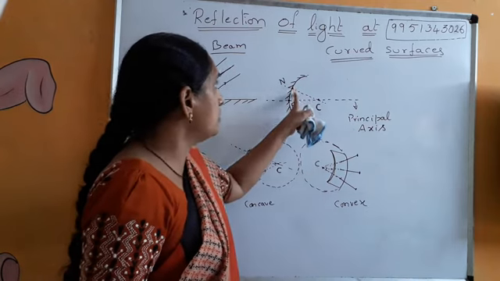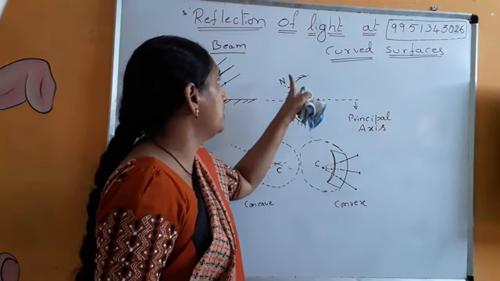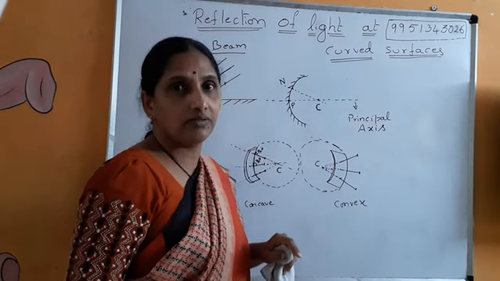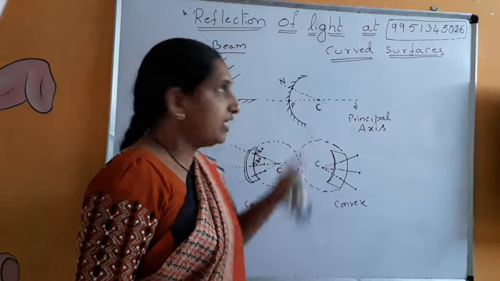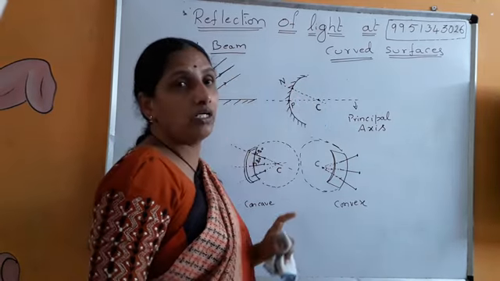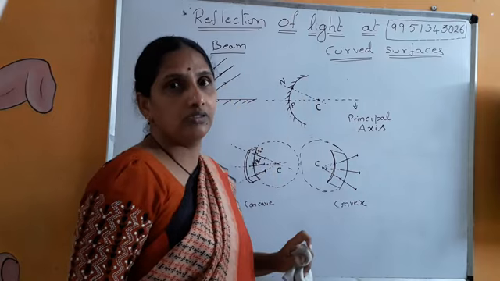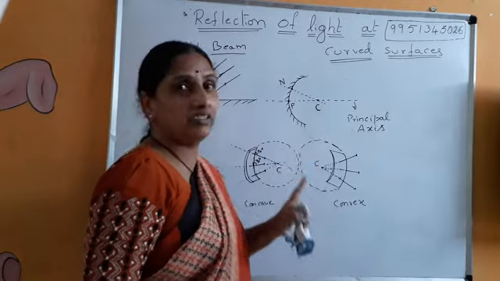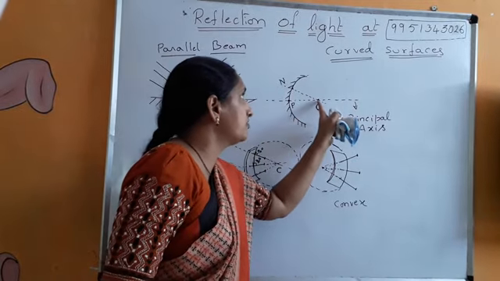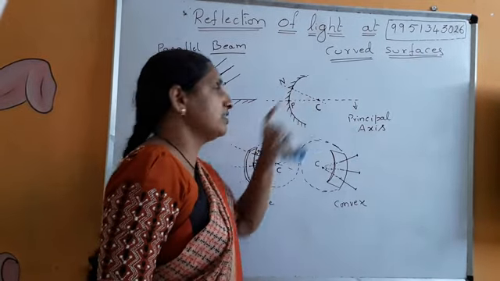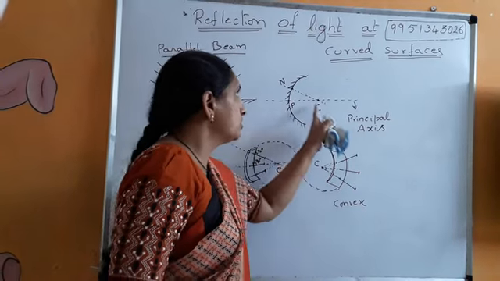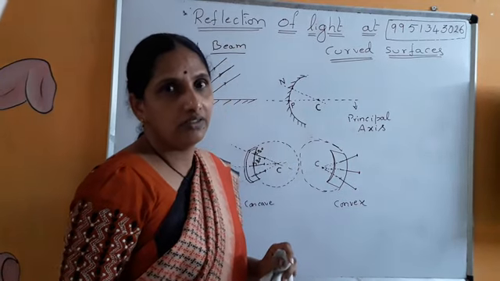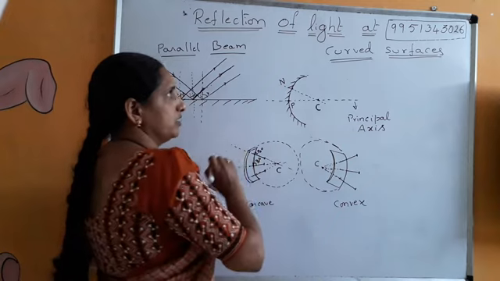Because I wanted to study the behavior of the light ray which is incident at this point. And you know pretty well that in case of curved surfaces, the normal passes through the center of curvature. This is our center of curvature and through this it is passing. Clear?